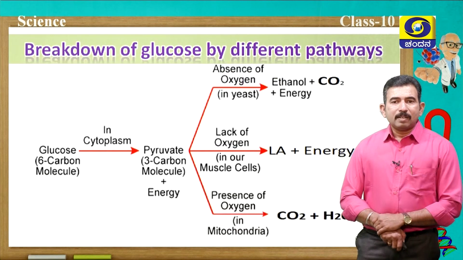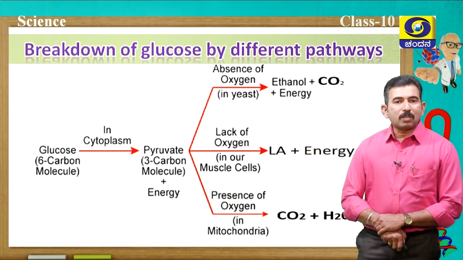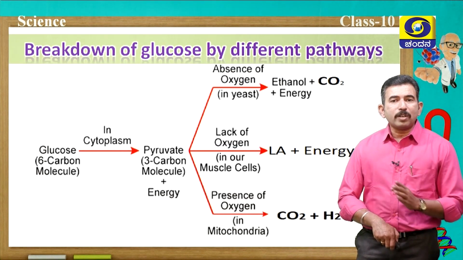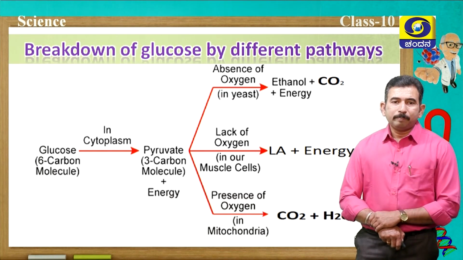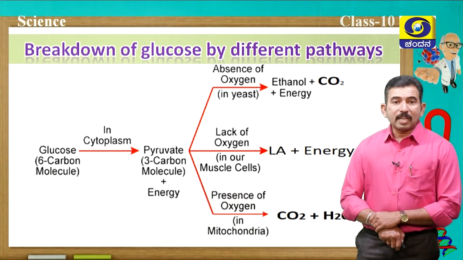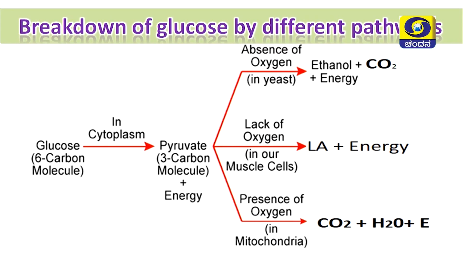Now let us discuss the different pathways by which glucose breaks down inside the cell. Glucose is a 6-carbon molecule. In the cytoplasm, glucose breaks down into 3-carbon molecules, that is 2 pyruvate molecules, and also a small amount of energy is liberated.